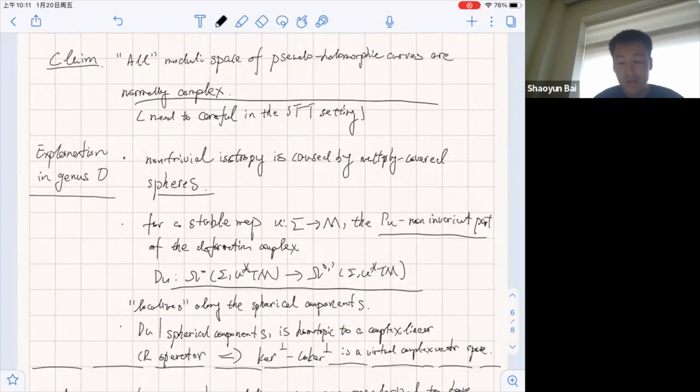In other words, you can find a vector space such that the direct sum of the kernel with this vector space and the direct sum of the cokernel with this vector space are both complex vector spaces.